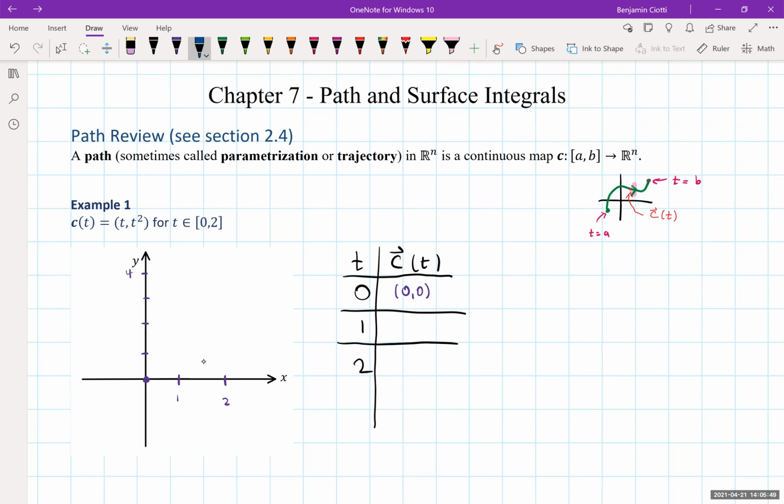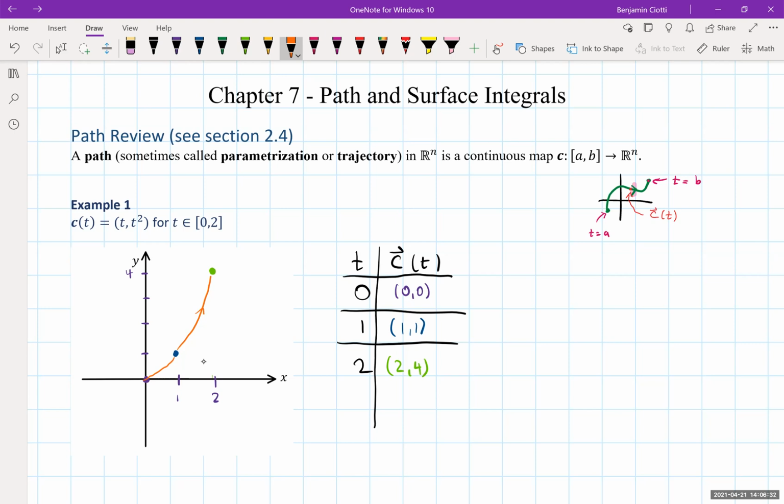Plugging in t equals 1, I get the point 1, 1, which is right there. And plugging in t equals 2, I get the point 2, 4, which is right there. So you can extrapolate what the path looks like in between those points. You see it looks like a parabola, or rather part of a parabola. I'll put a little arrow to indicate the direction that it's going.